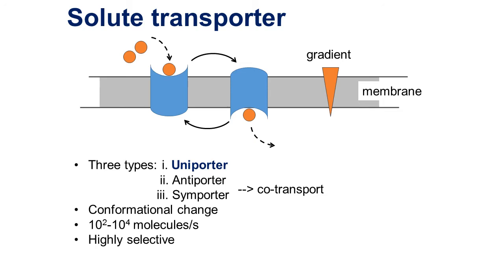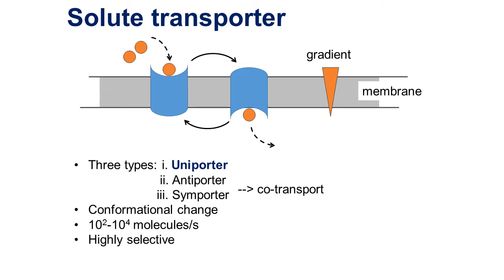inside of the cell. And so this is the sort of difference between solute transporters and ion channels. Ion channels form a tunnel through which ions can simply diffuse. But in the case of solute transporters, these proteins are really different, and some kind of conformational change is required for this transport to occur across the membrane.